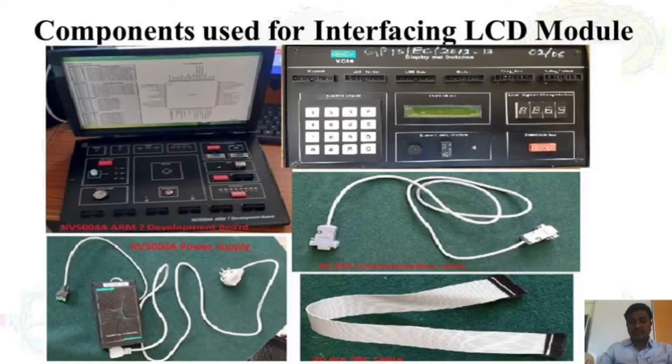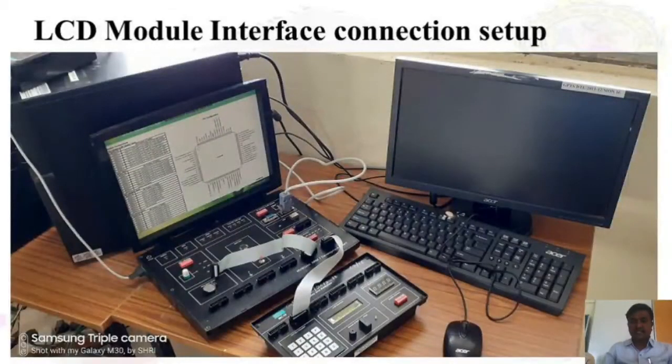See the components. The first one is the ARM7 development board kit, and the second one is the MC10 display and switches module, RS232 communication cable, then 20 pin FRC cable, then power supply. See here the LCD module interface connection setup. Here we are going to use a desktop computer and ARM7 development board kit.